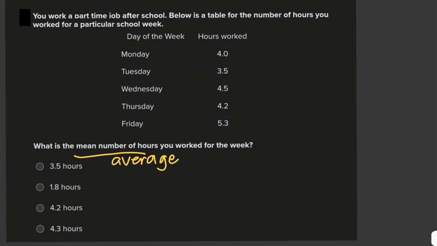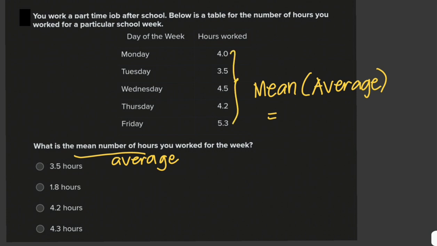So, looking at the table here, there are 5 days of the week you have worked. To solve for the mean or the average, we just have to add up all the given values here and then divide it by the number of values in this set.